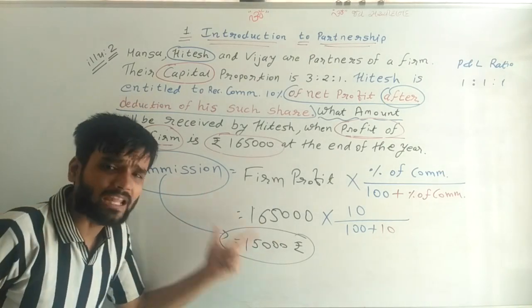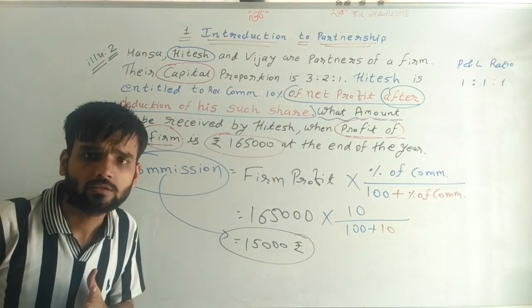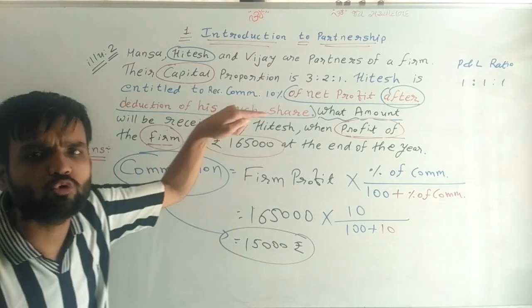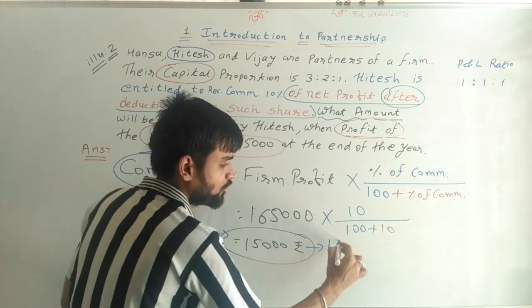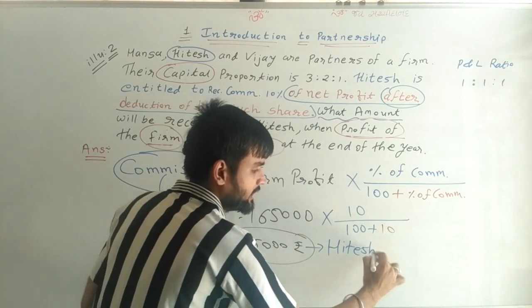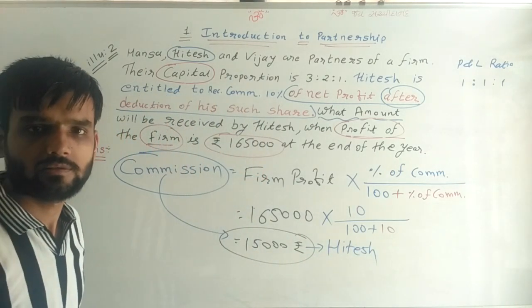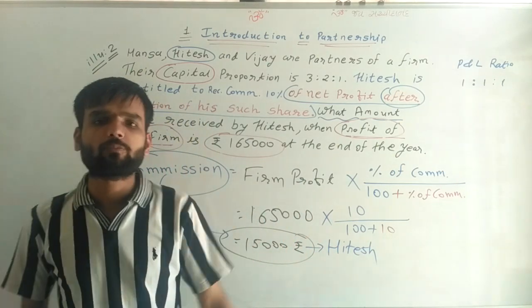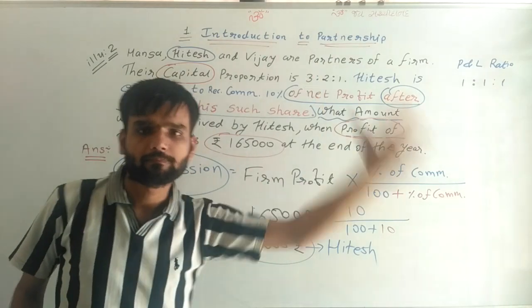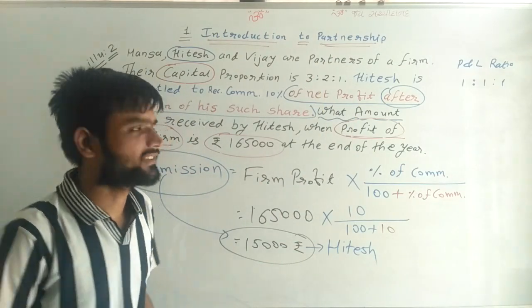So now this is the value of commission only. This commission is paid to Hitesh. So this commission is of Hitesh, sir. So Hitesh will get 15,000 rupees commission from the firm. But sir, what is your question?